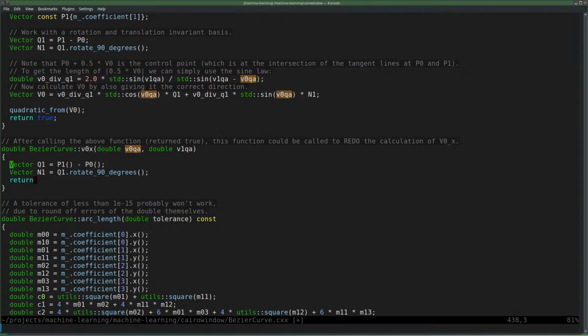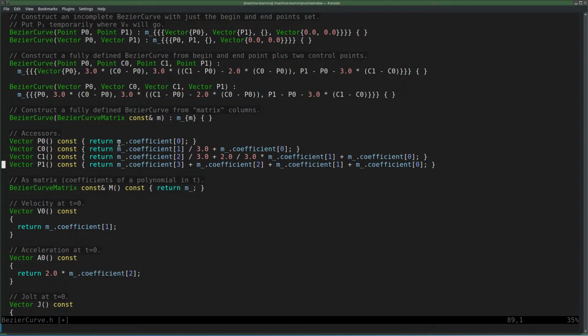So I'm just getting directly the double Q1x, and that is then P1x minus P0x, which is probably way easier. P0 is this, and this is 0 for the quadratic, and I subtract it, so what I really need is adding these two, and then take the x coordinate of that, which I can also access directly.